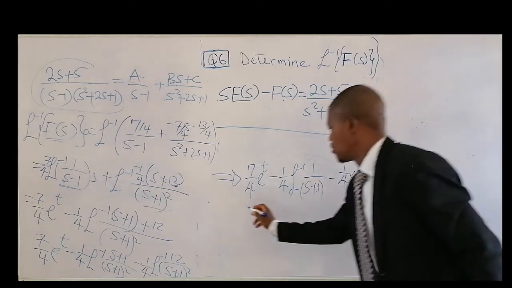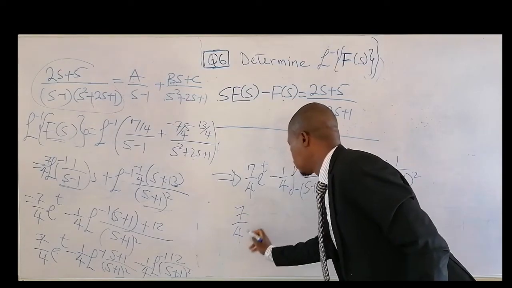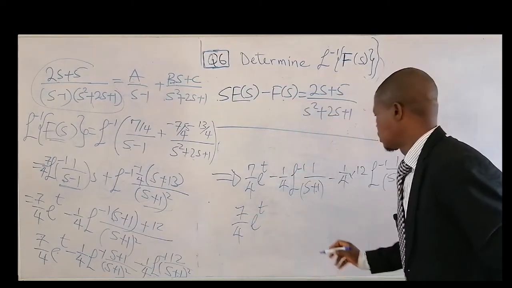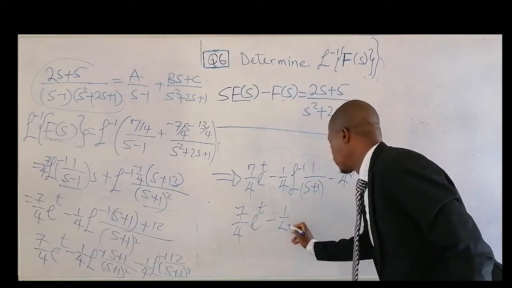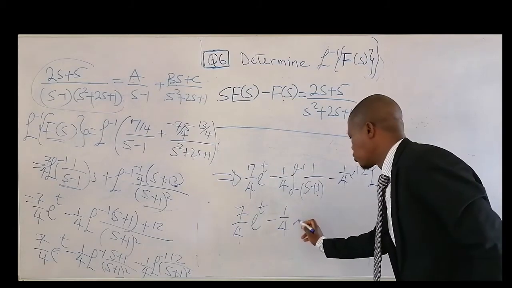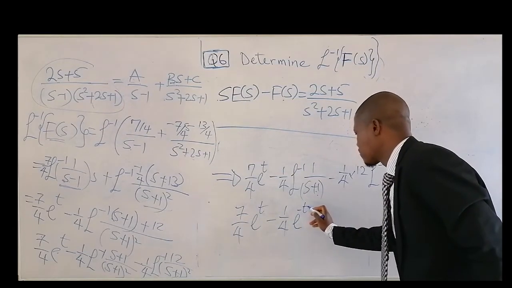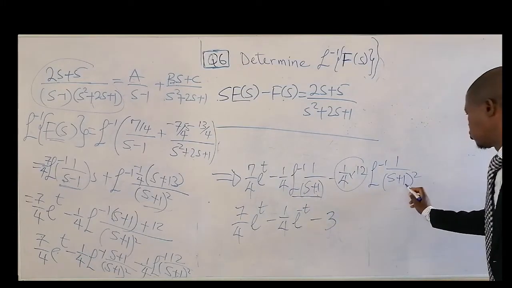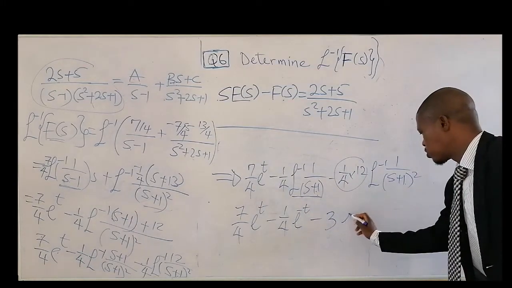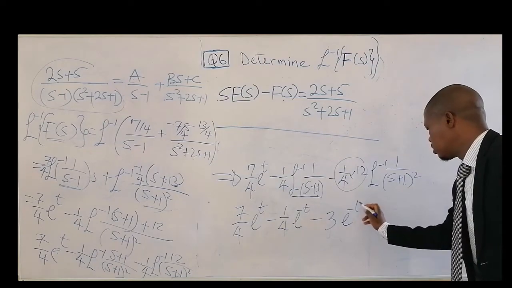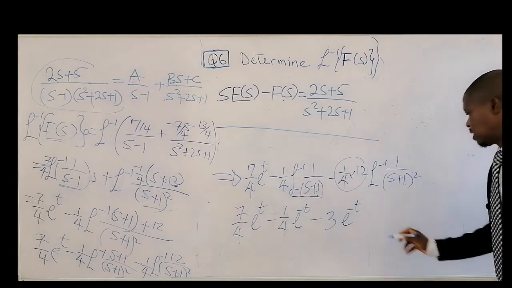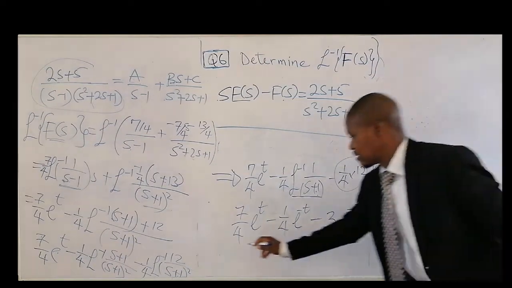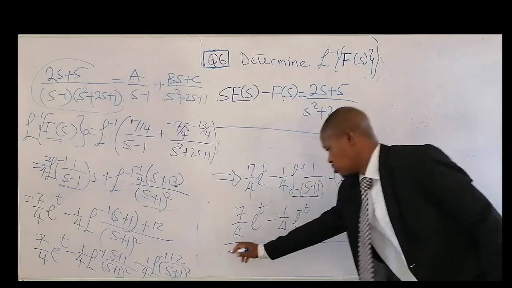So we now have 7 over 4 exponential to power t, then minus 1 over 4. This one is a table which will be equal to what? Exponential minus t. This will give us minus 3, and this will be equal to what? Exponential to power minus t, and then t. And that is the answer to that question.